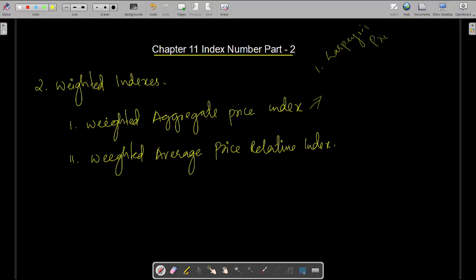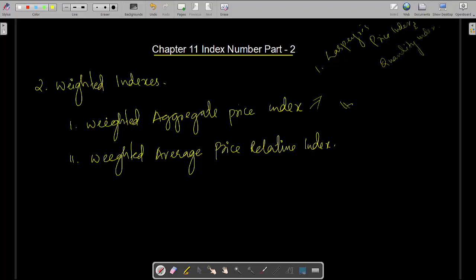price index, and the second one is Paasche's price and quantity index. So it is price index and quantity index.